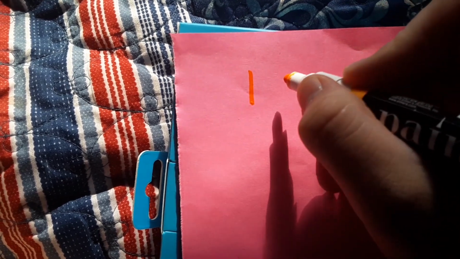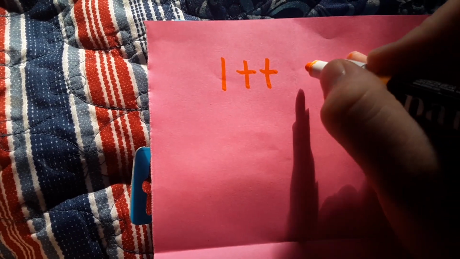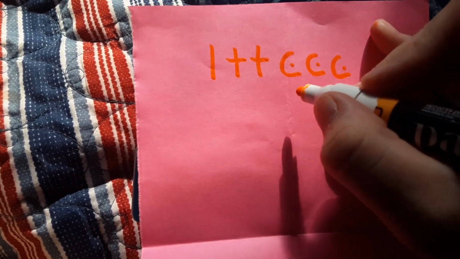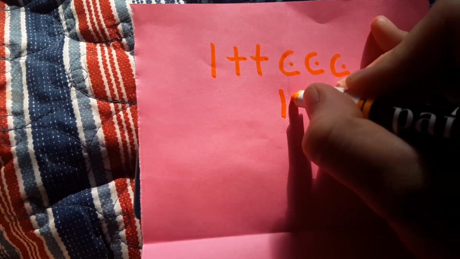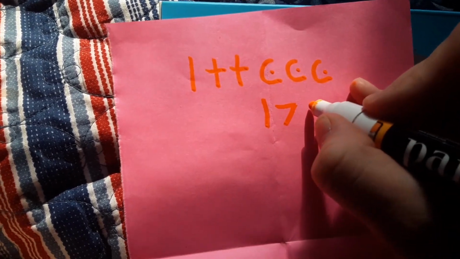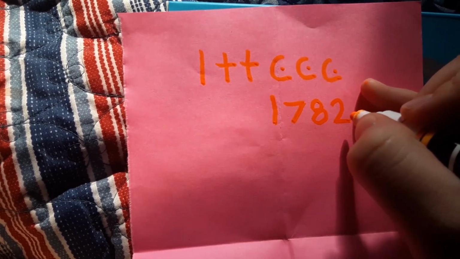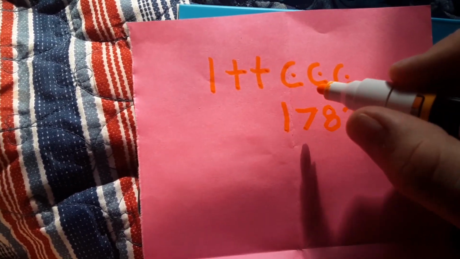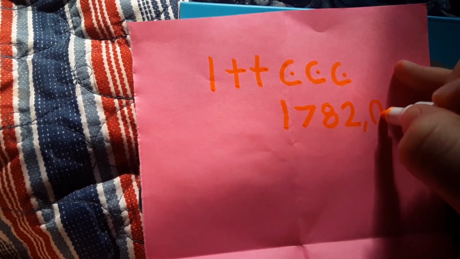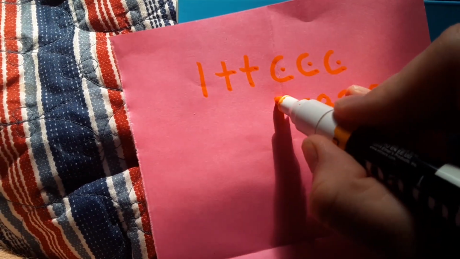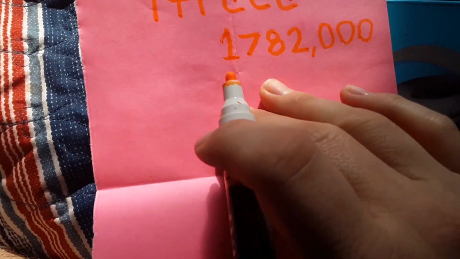Let's just say we was going to write 1, 4, 4, and we was going to write 3 zeros after that. This is equivalent to 1,720,000 in ordinary digits. Okay, that's what this is.